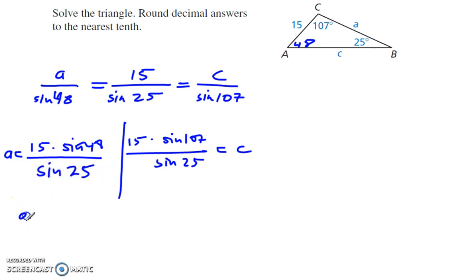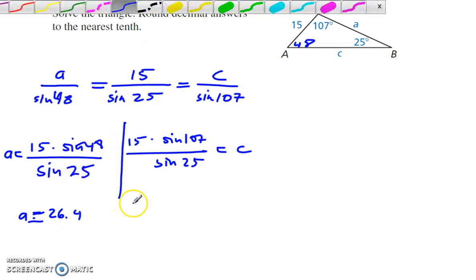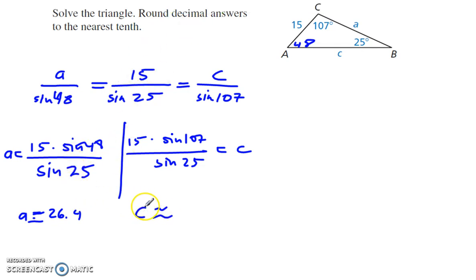Type those in, you get A is approximately 26.4, and C is approximately 33.9. Alright, there we go.